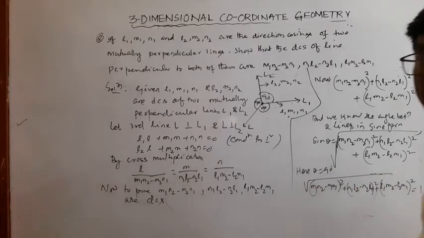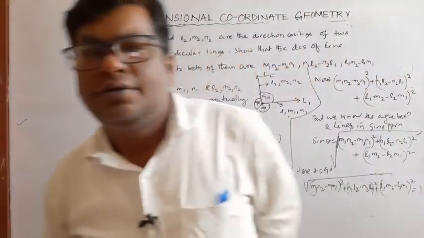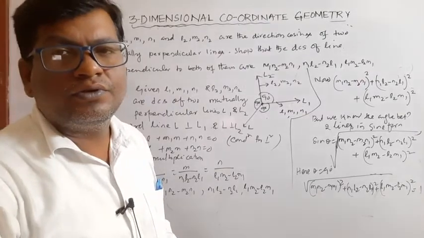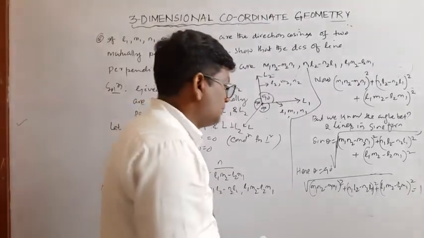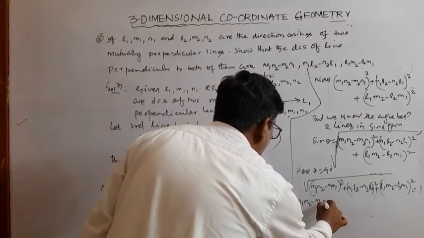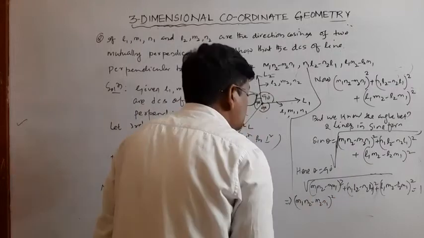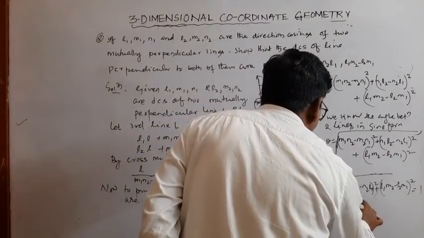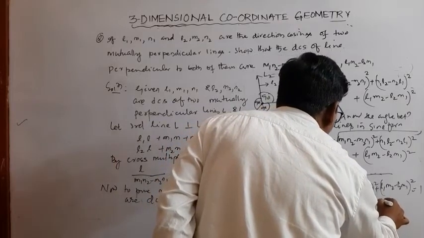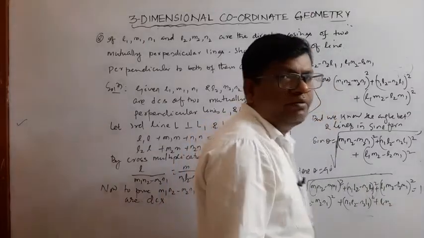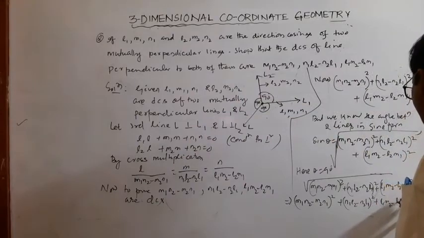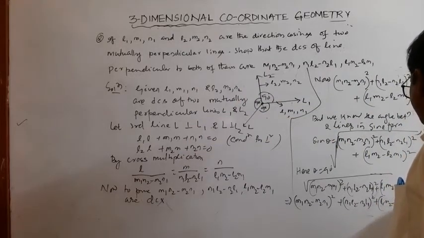Squaring both sides, M1 N2 minus M2 N1 whole square plus N1 L2 minus N2 L1 whole square plus L1 M2 minus L2 M1 whole square is equal to 1.